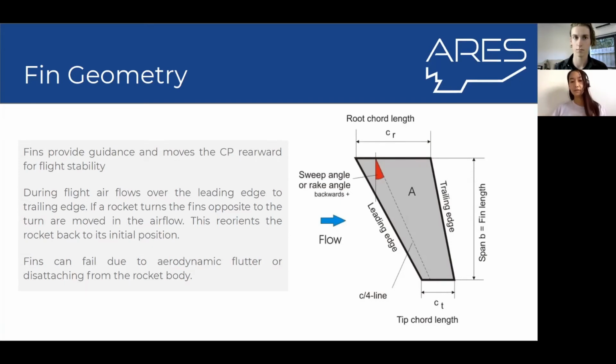And as you can see in flight, usually you'd have air flowing from that leading edge of a fin to the trailing edge of the fin. So basically what happens is if a rocket was to turn, the fins opposite to the turn will move the airflow, and in a way it's that same concept of restoring it back to its original position. This is known as restoration.